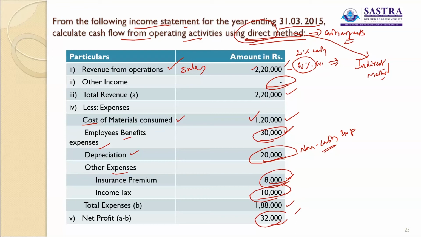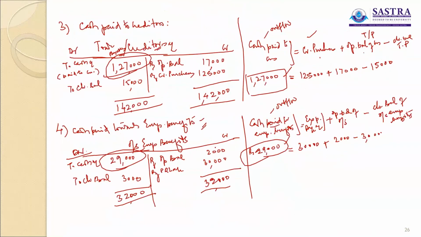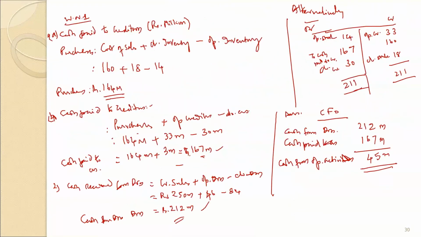And this net profit is arrived after debiting 20,000 towards depreciation, which is a non-cash expense, and income tax rupees 10,000. So the pro forma says you have to consider the net profit before tax.